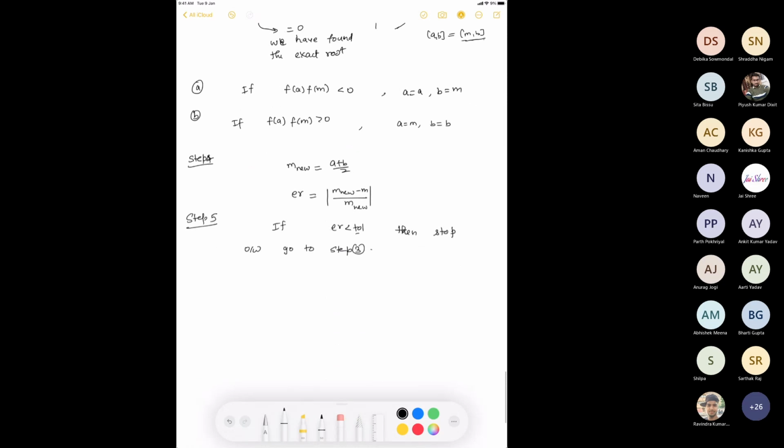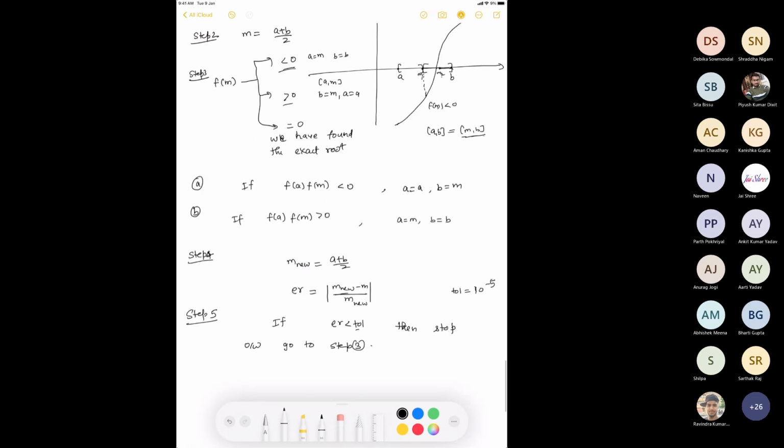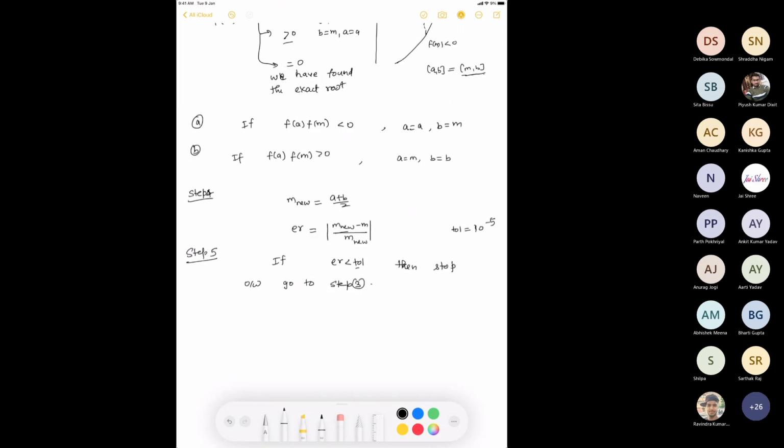Tolerance, say you are setting that tolerance maybe say 10 to power minus 5. This is some number given by you. Okay, you say that I'm not interested in reaching the exact solution. I just want that my two numbers, M and M new, are very close. This means that when you're going from one interval to another interval, the midpoint is not changing, right?